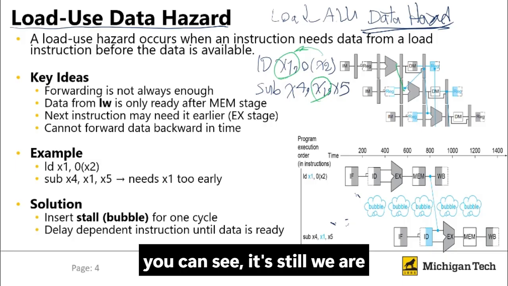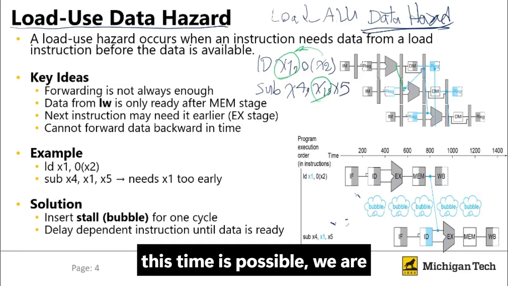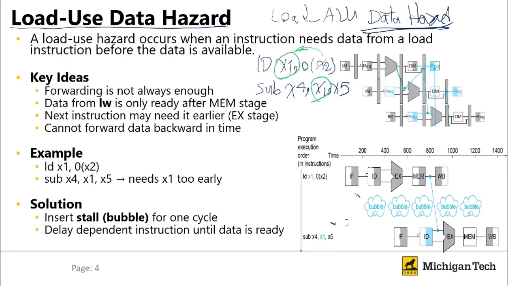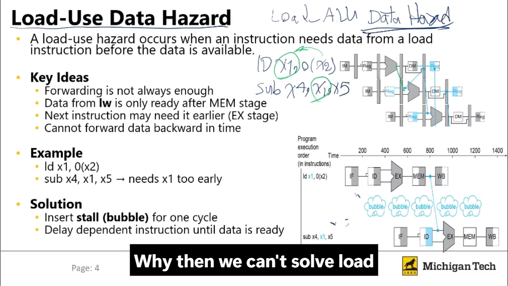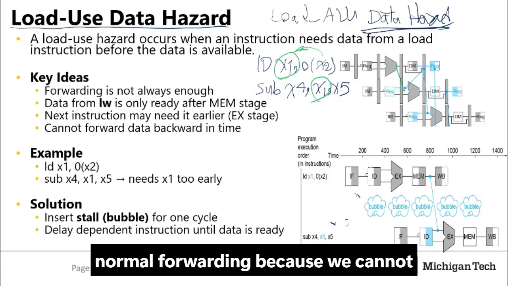In this case, as you can see, we are still forwarding from memory to execution, but this time it is possible. We are not going backward. We are in the same time. Any questions about that? So why can't we solve load-use with normal forwarding?